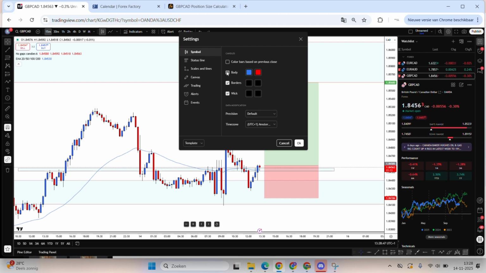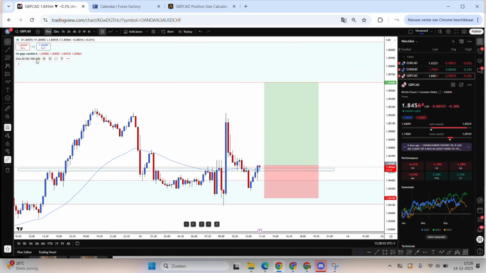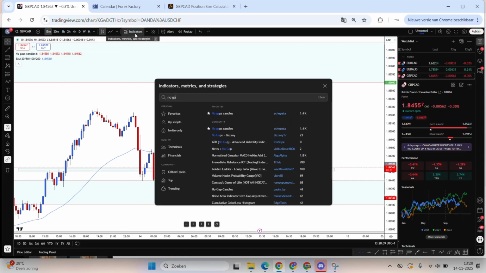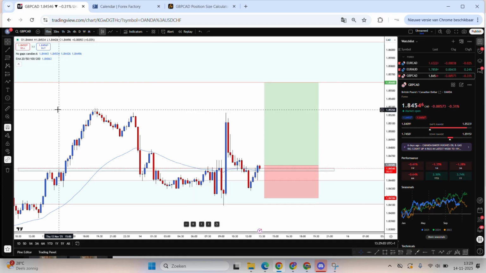If I put them on, that's not what I have, so you untick them. Okay. And then you install the no gap candlesticks. That is the indicator, no gaps candlesticks right there. And then you insert the settings that I just showed you. Okay, so those are the settings for the no gap candlesticks.